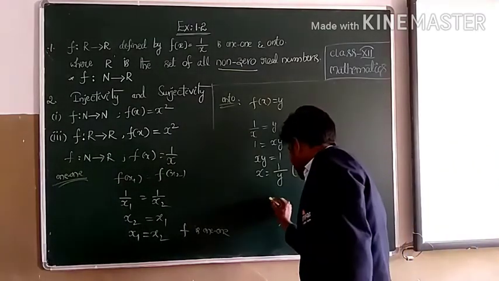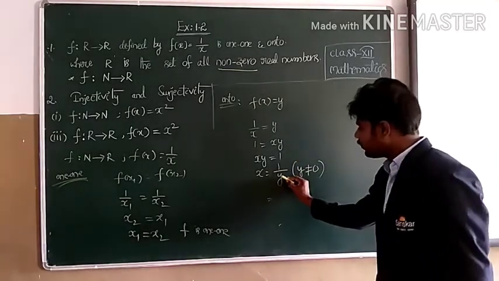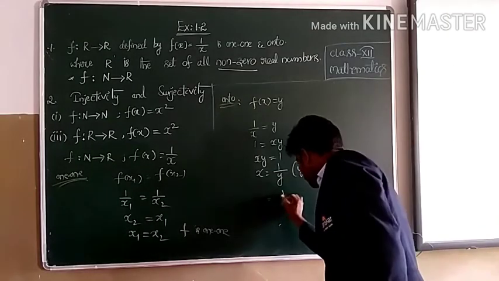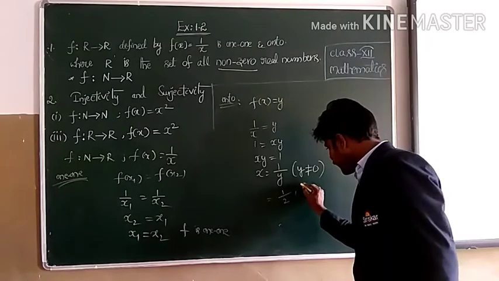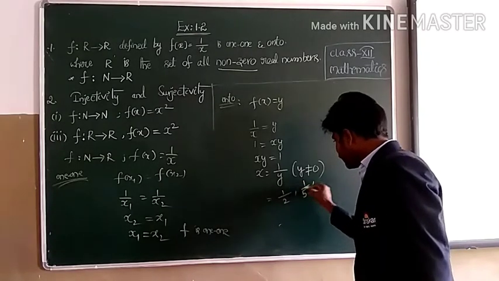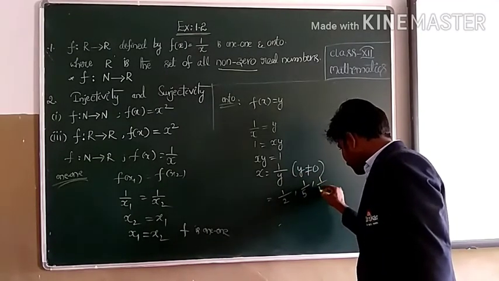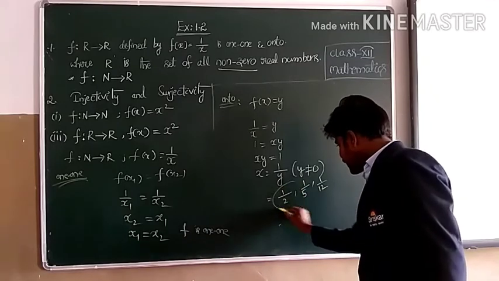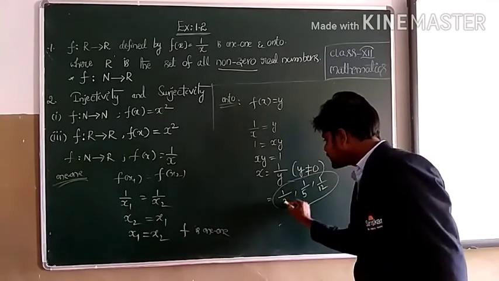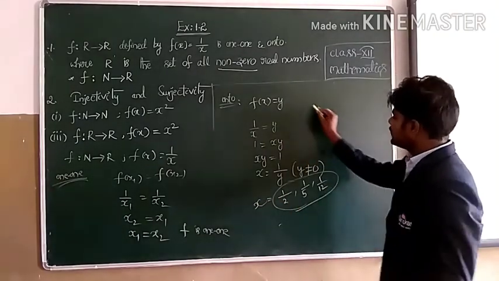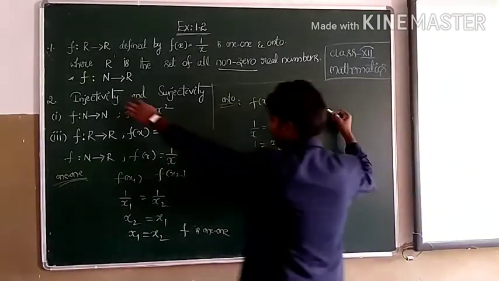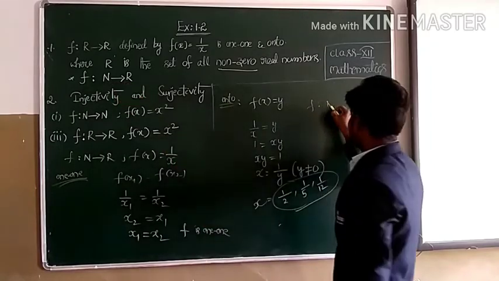So now let's see. If in place of y I take 2, then it is 1 by 2. If I consider y as 5, then it is 1 by 5. If I consider y as 12, 1 by 12. So all these numbers are not natural numbers, because in this case 2, it is given natural number to real number.